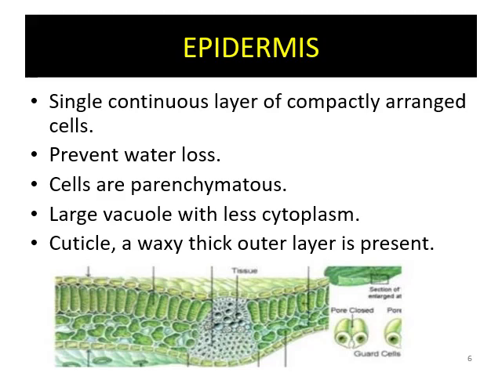Epidermal cells contain a cuticle layer. This thin layer of cuticle is made up of cutin. Cutin is deposited on the outer wall of epidermal cells.